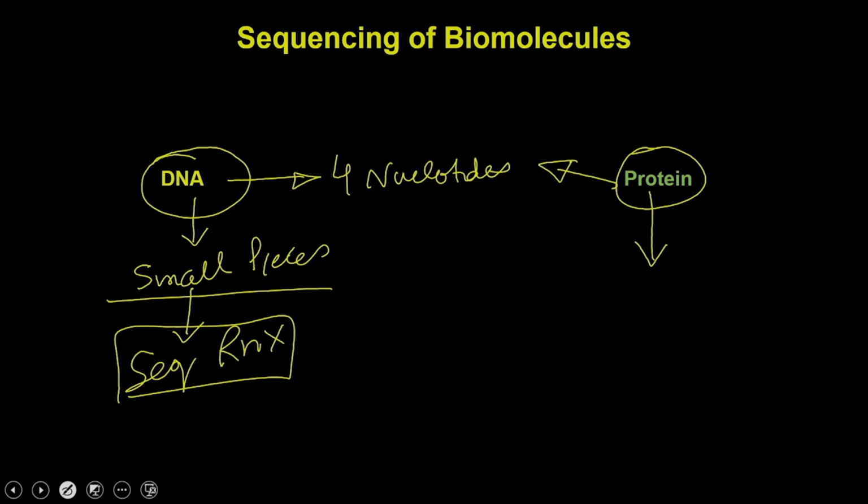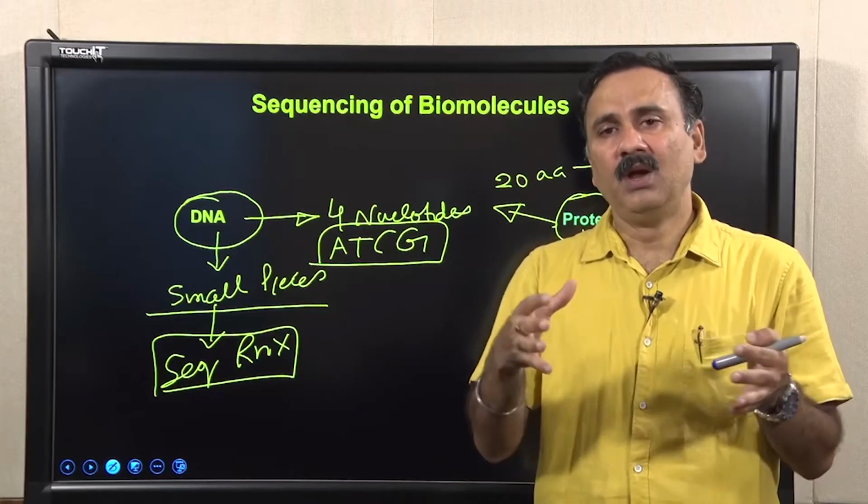That is why the complexity for the DNA sequencing is less, because you have the 4 different nucleotides like A, T, G, C, whereas in the case of protein you have 20 different types of amino acids, which make things more and more complicated, because now you have to set all the 20 amino acids in such a way that you can determine what is being present.